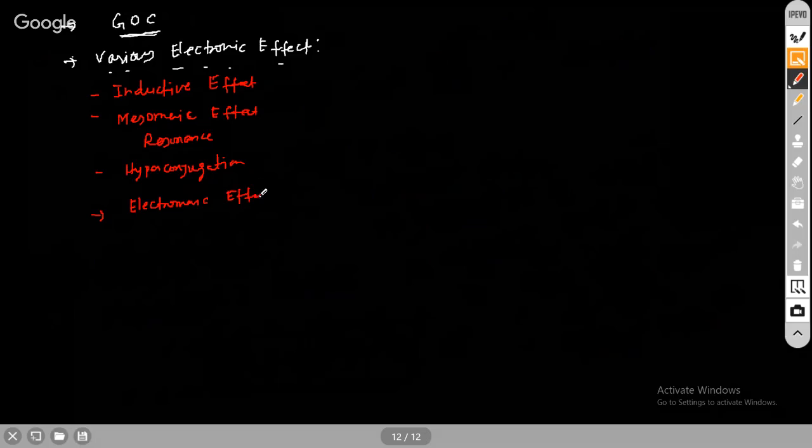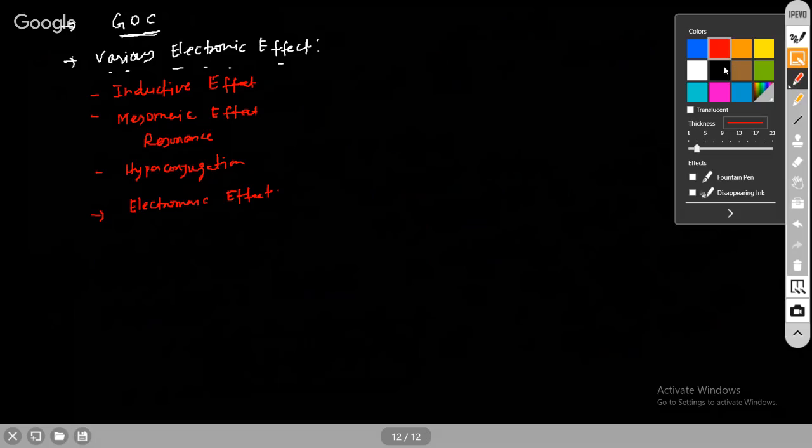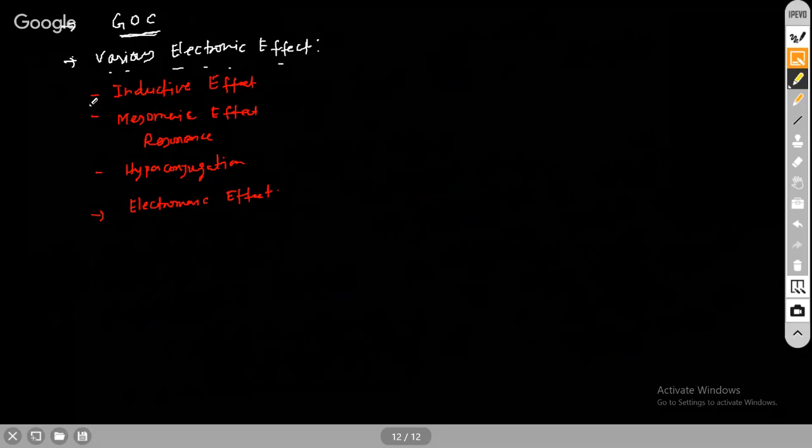First question that they ask from this: the first three effects that we see that I have written here are the permanent effects, and this is the temporary effect. Permanent and temporary effect. Okay, so what do you understand by this electronic effect?